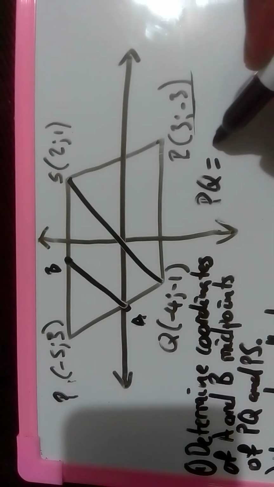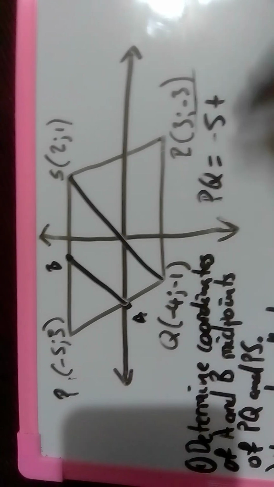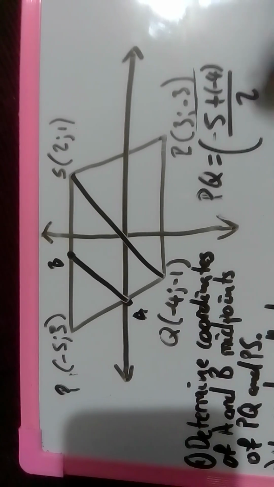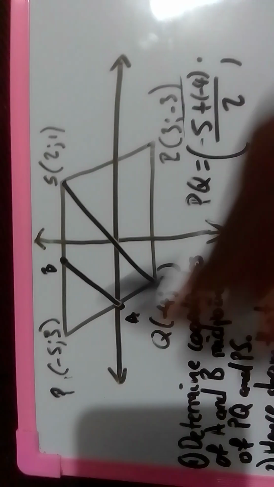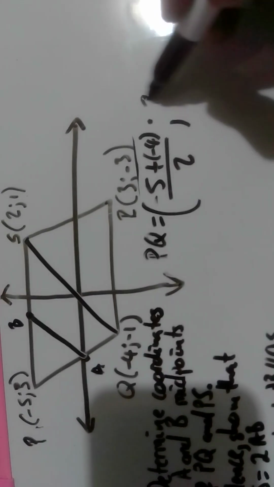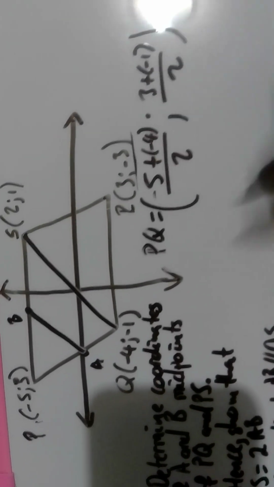So we say -5 plus -4, divided by 2. Then same, we go to the y coordinates, we've got 3 and -1. So it's 3 plus -1 divided by 2.